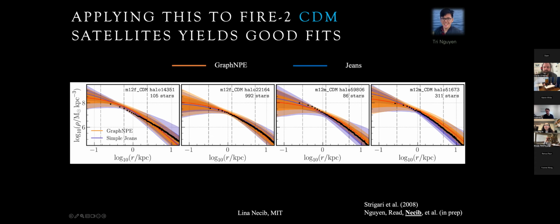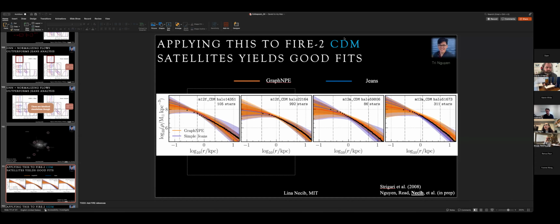I do have some figures. Let me see if I can find them quickly, where we do fit for the inner profile as well. Well, sorry, we fit for the anisotropies, and in some cases it's not very well measured.